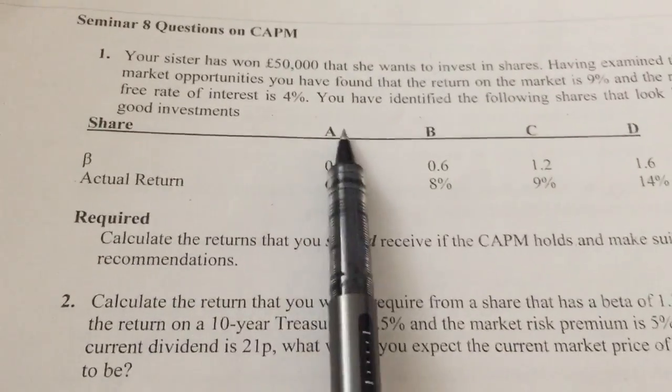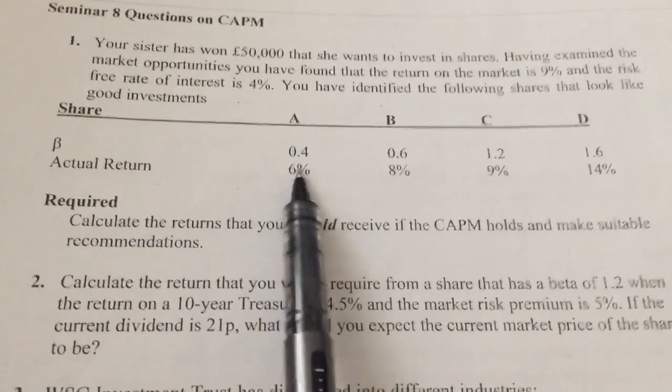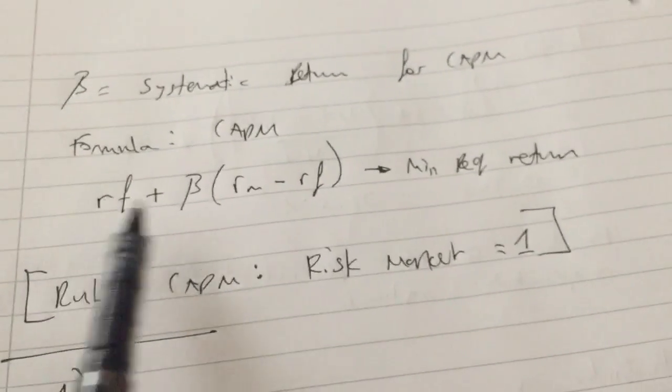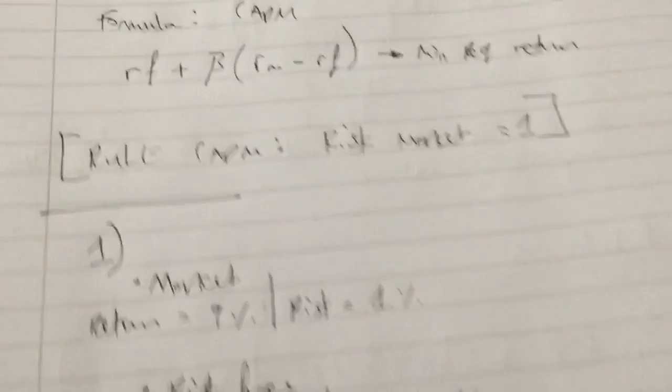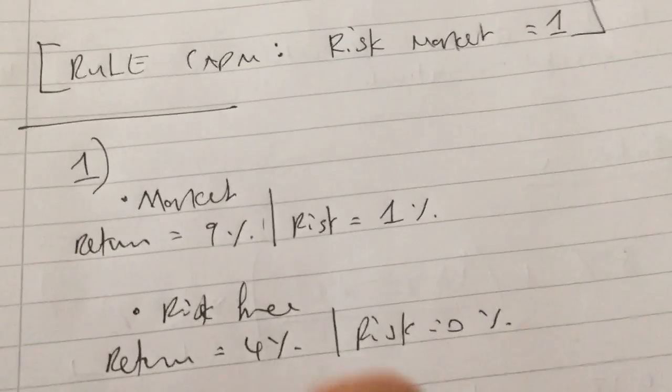Let's look at share A first. They've given us two pieces of information for share A: beta is 0.4 and the actual return is 6%. Again, we're using this formula: RF plus beta, RM minus RF.